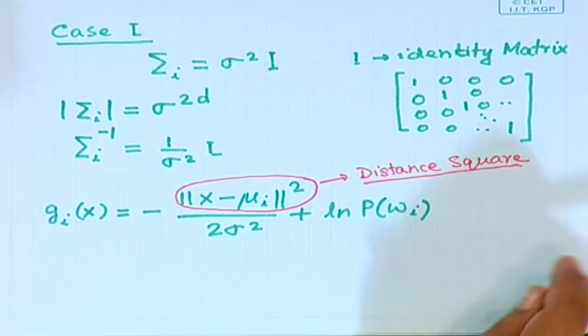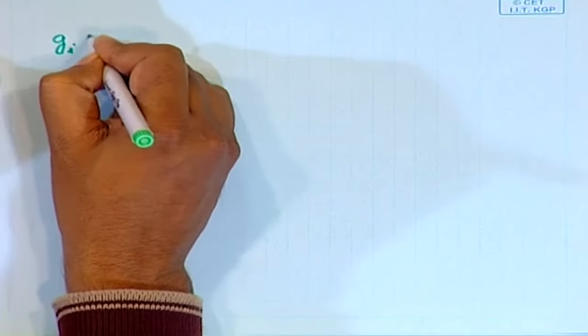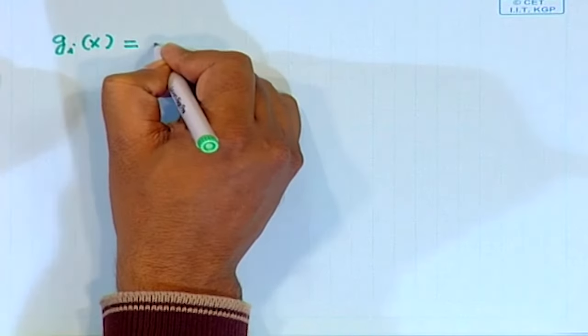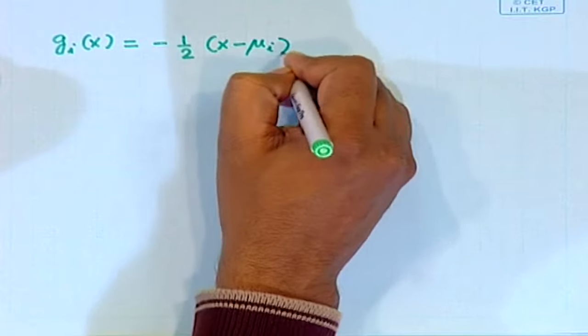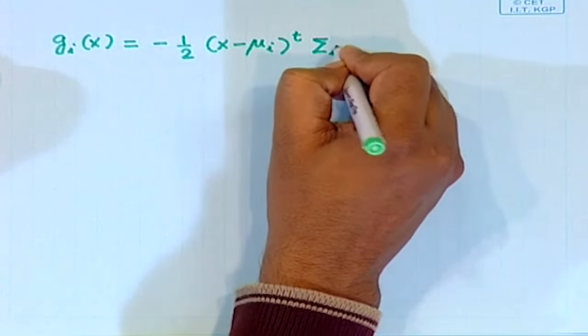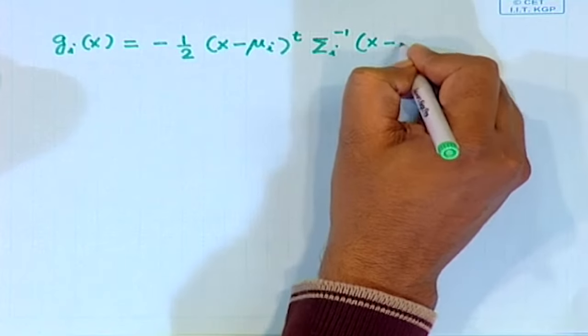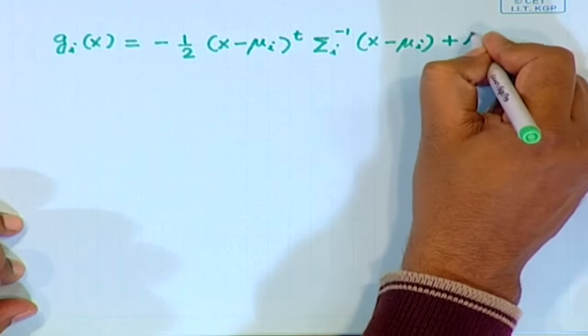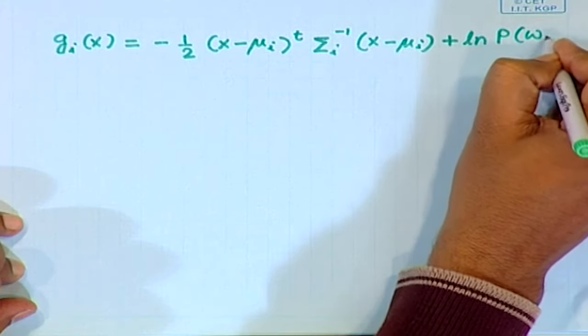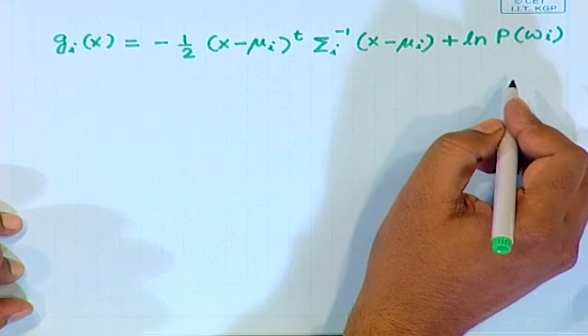Now, if I go for expansion of the discriminant function, then you find that this g_i(x) is simply of the form minus half (x − μ_i) transpose Σ_i inverse into (x − μ_i) plus log of p(ω_i).